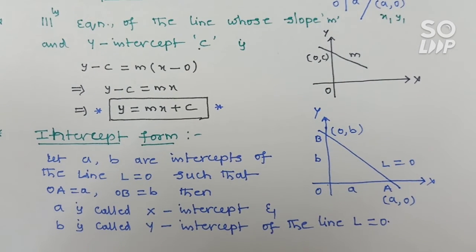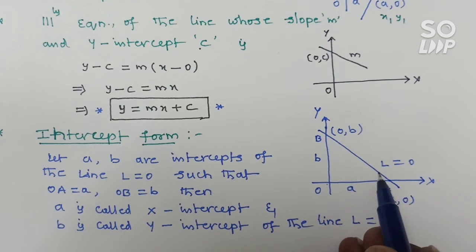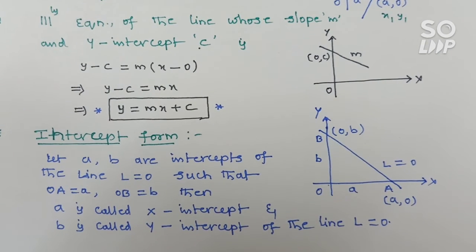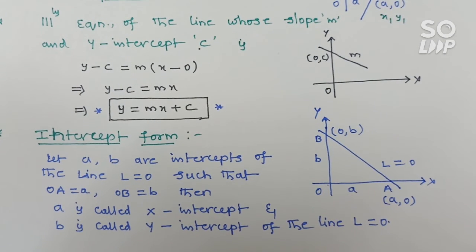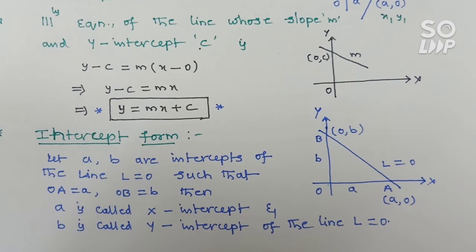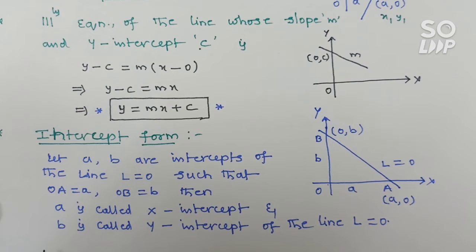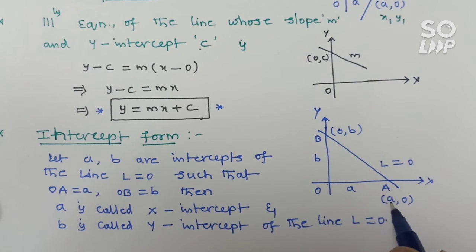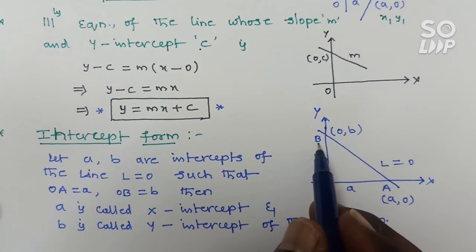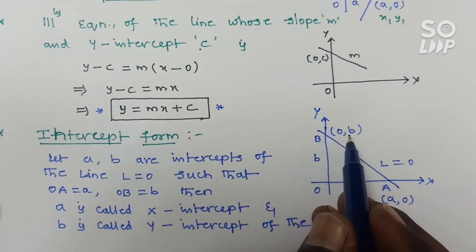Right? So after defining the intercepts of the line L = 0, how can we find the equation of the line? Now, the equation of the line in the intercept form. Here the point A is (a, 0), which we consider as (x1, y1), and the point B we consider as (x2, y2).